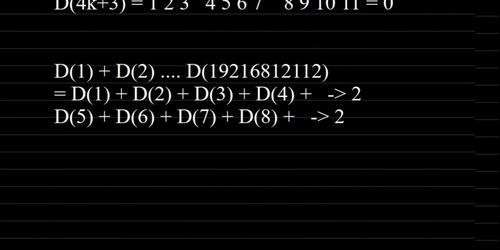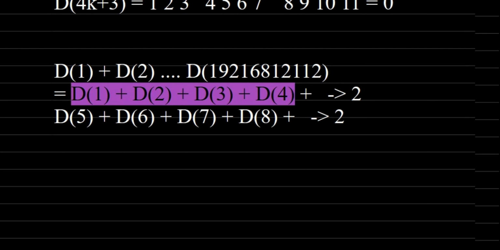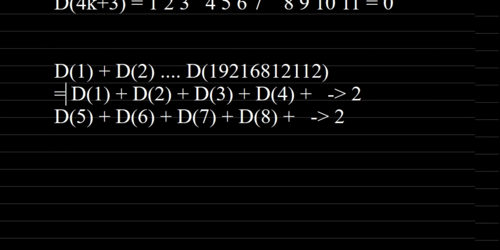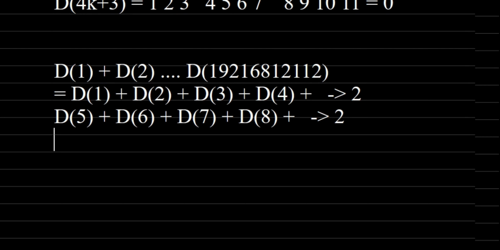So if we divide this by 4, we get 192.168.12112 by 4.